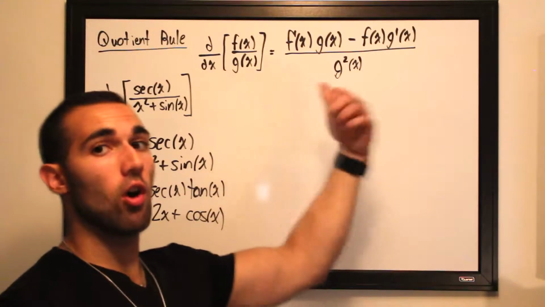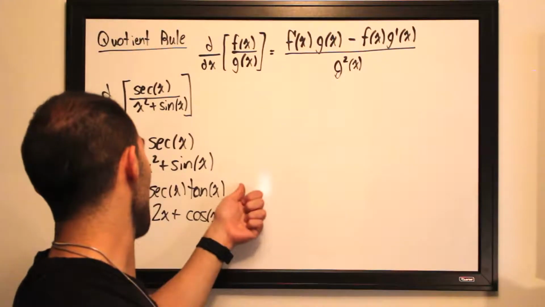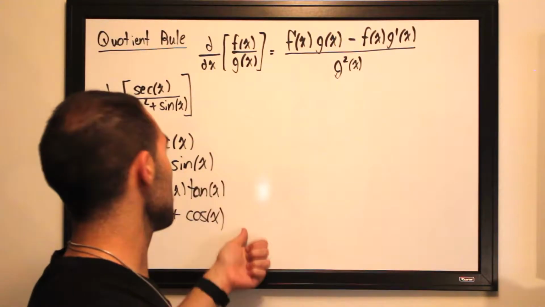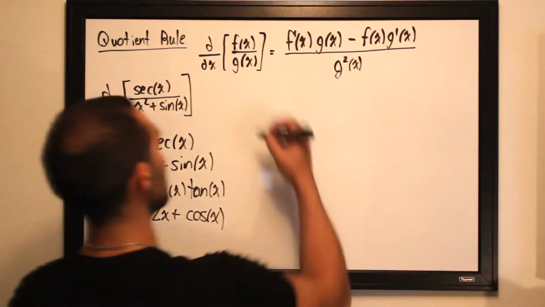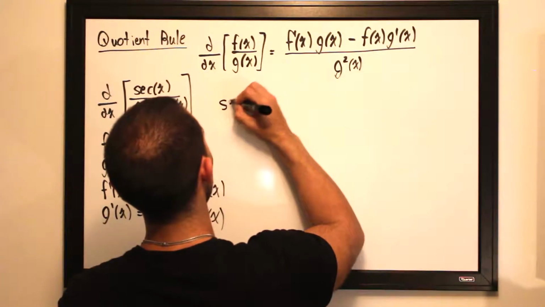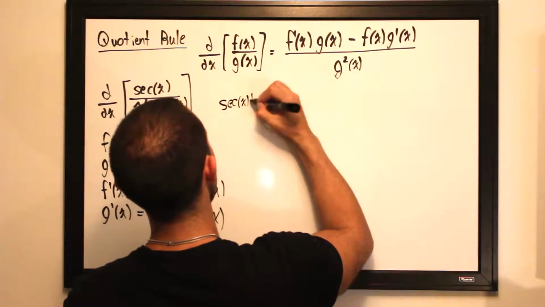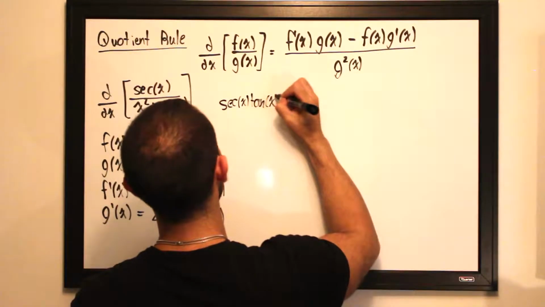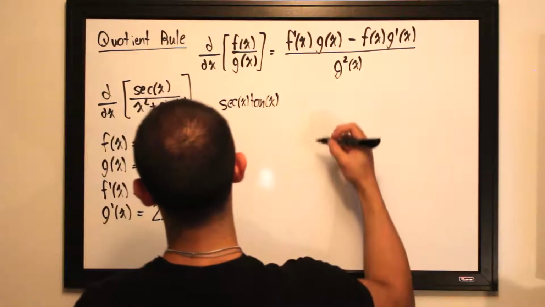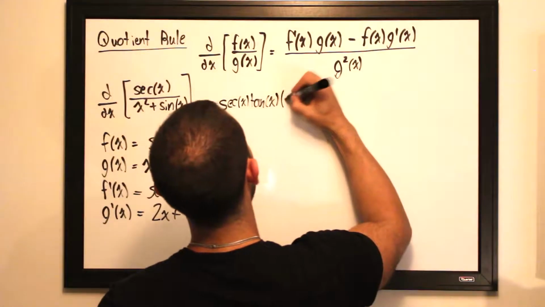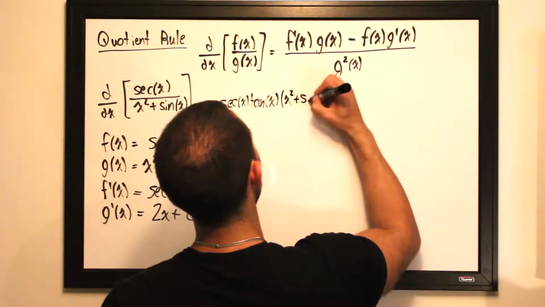And then we will distribute it all into this formula. So we have our f prime times our g, and our f times our g prime, all of that divided by g squared. So this will be secant of x, tangent of x, and I'm going to need to write small because I'm running low on room, and this is going to be a very large problem, multiplied by x squared plus sine of x.